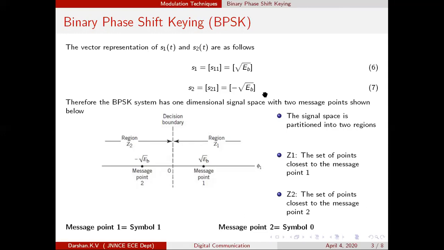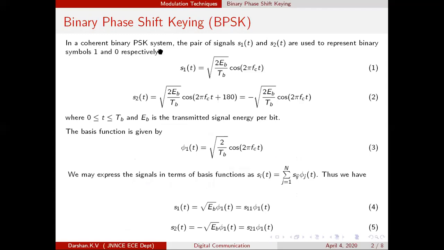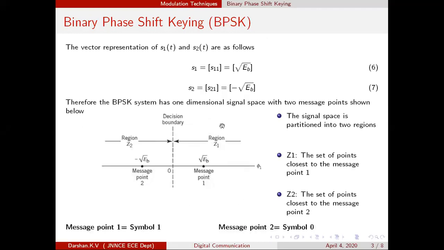If they ask that, you should write how the signal is written for 1, how it is written for 0, what the basis function is, how the signals S1 of t and S2 of t are expressed in terms of basis functions, what the coefficients of the basis functions are, and finally represent that in vector form.